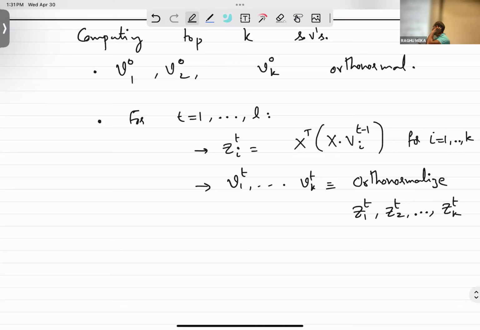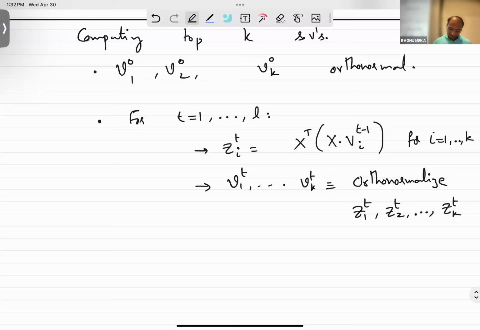Okay, there are various ways to do it. Basically, you look at the span of these things and find an orthonormal basis for that subspace, and then you iterate. Okay, this is called subspace iteration because in some sense, I'm manipulating the subspace of the first K things. And the convergence to this will depend on the gap between the Kth and K plus 1.